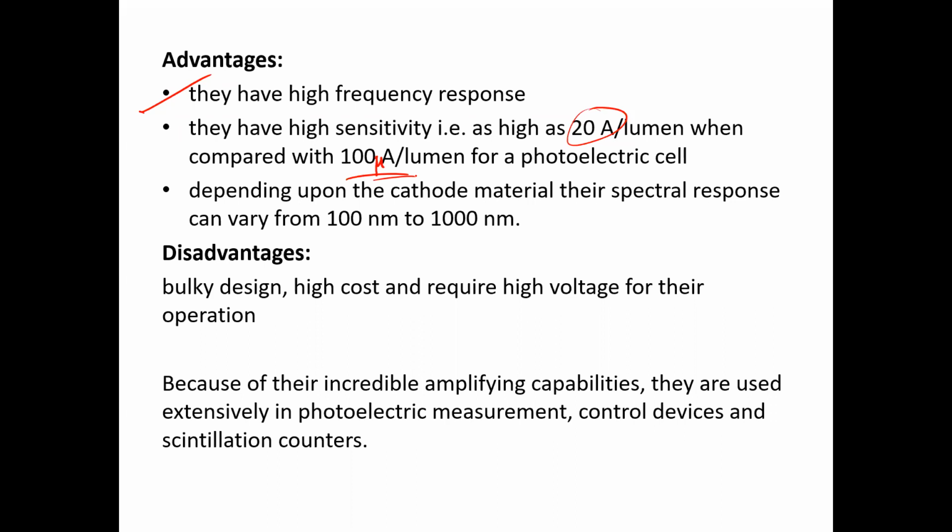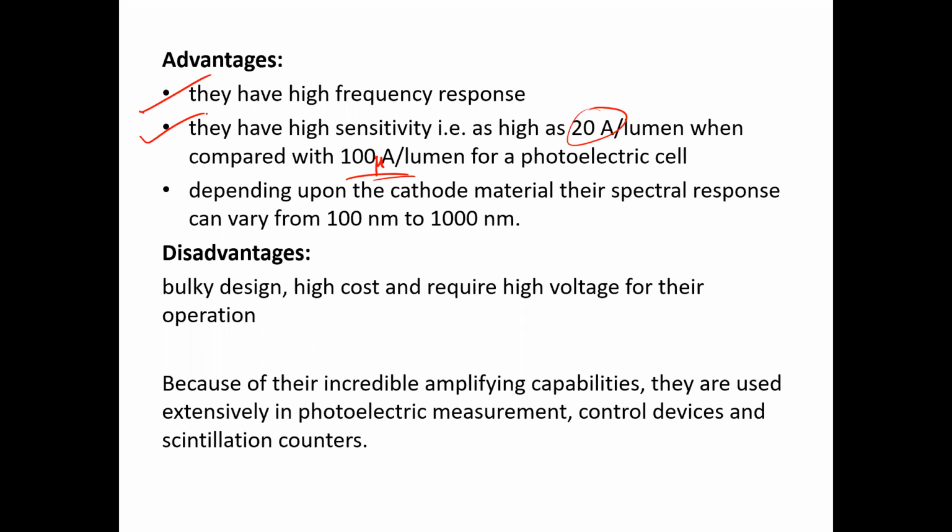So compared to 100 microampere change in current per unit change in luminous flux, a 20 ampere change is more easily detectable. In that sense, the device produces higher sensitivity compared to the other two designs.